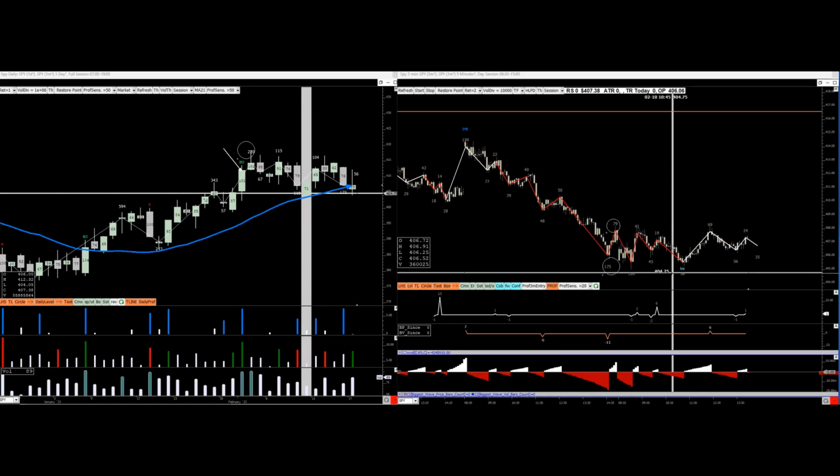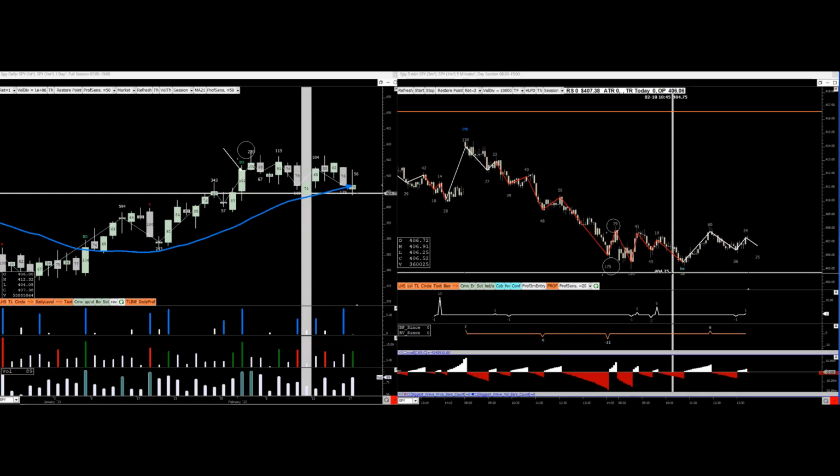All right? You want to see places where strong hands were to see if they are currently still there. That is what the level represents. Areas where there was demand emanating from, areas where there was supply emanating from in the past. And then ask yourself, are they still there?